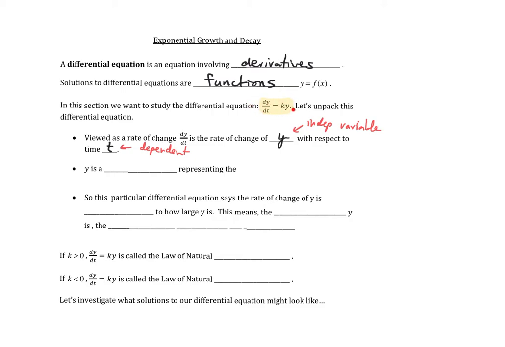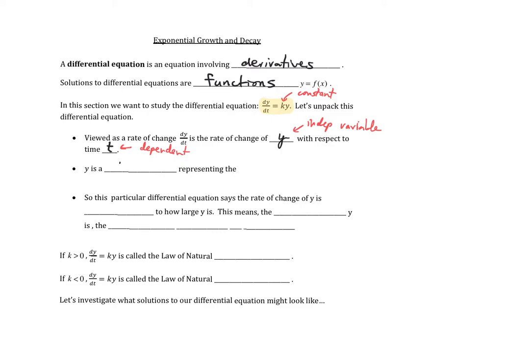Let's look at the right-hand side now. On the right-hand side, you see k, which is a constant. So this k is a constant. And then we see y on the right-hand side again. So this y is the same as the y up there. Okay, so what is y?